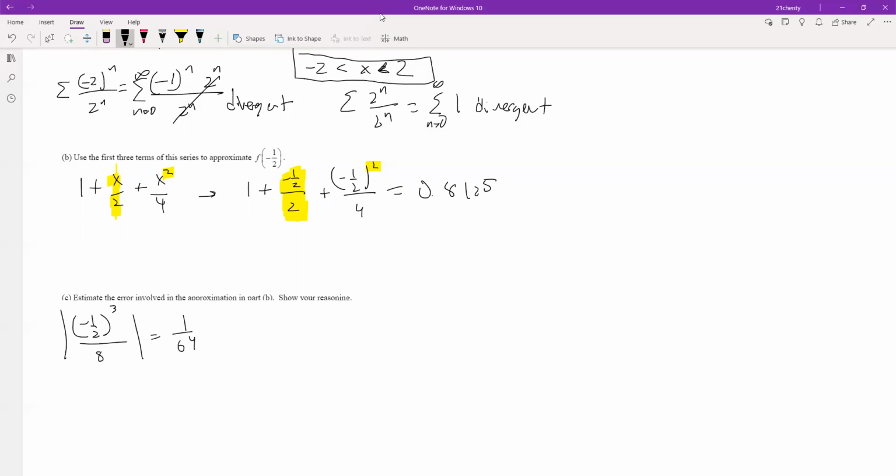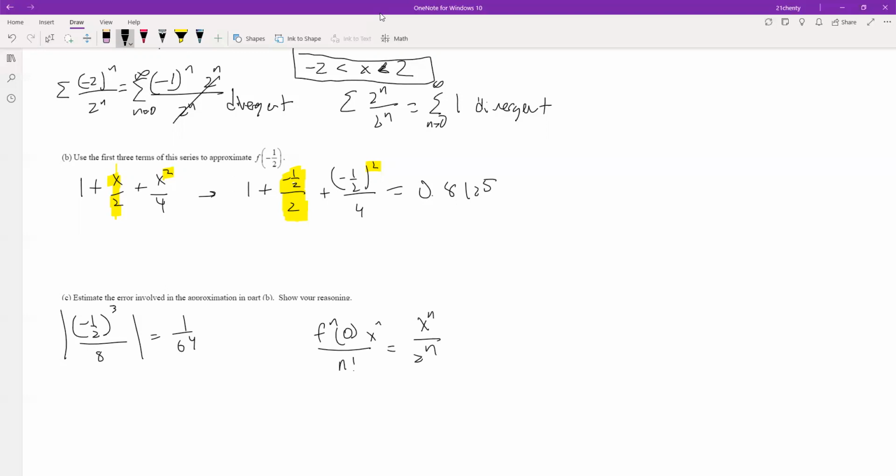So for Lagrange, we need to know a formula for f of n, or the nth derivative of f. Sorry, I got distracted. And so what we can do is say that this equals the series formula which we're given.